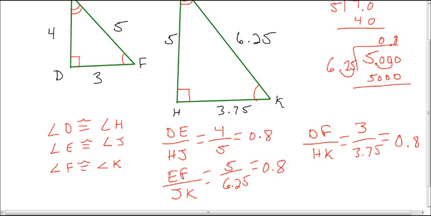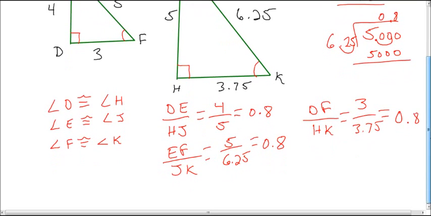So what I'm noticing is that since the corresponding angles are congruent and 4 over 5 is equal to 5 over 6.25, which is equal to 3 over 3.75, in plain words, they all equal 0.8. That's why they're equal.